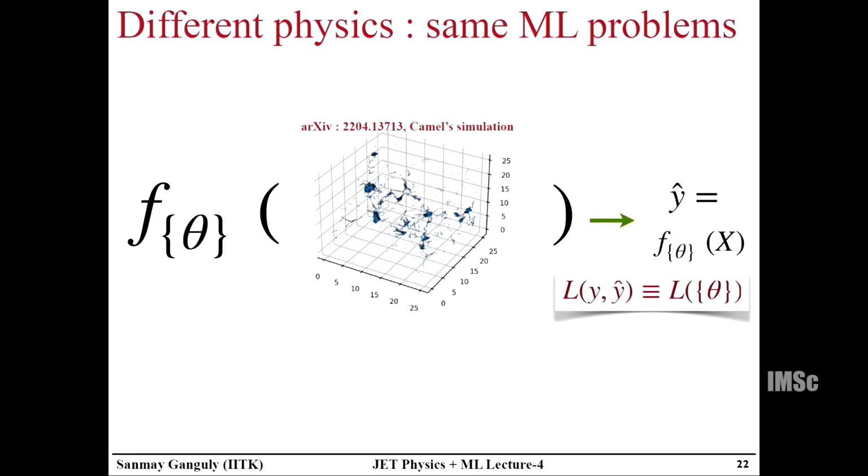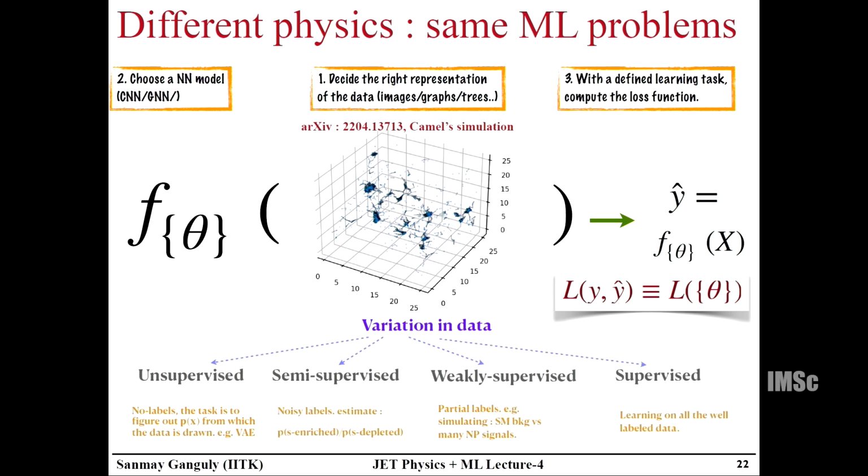So, I just want to bring another analogy: whatever we are talking about with graphs can be redone for other branches of physics. This is for, say, cosmology. This is data from CAMELS simulation, a hydrodynamic simulation of galaxy clusters, where they inject dark matter halos and things like that and try to see how the galaxy structure itself evolves.